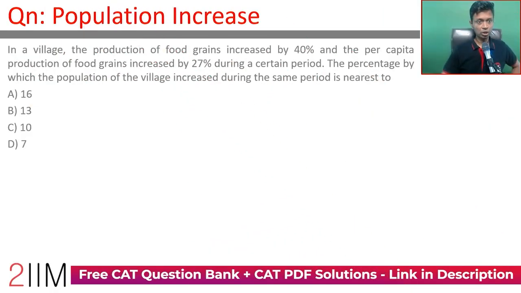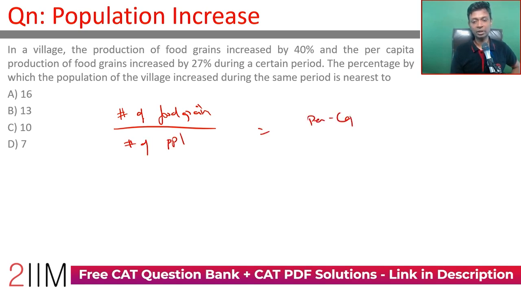In a village, the production of food grains increased by 40%, and the per capita production of food grains increased by 27% during a certain period. So this is number of food grains by number of people equal to per capita.